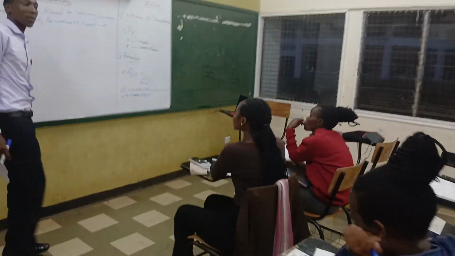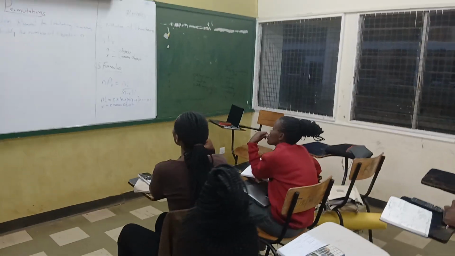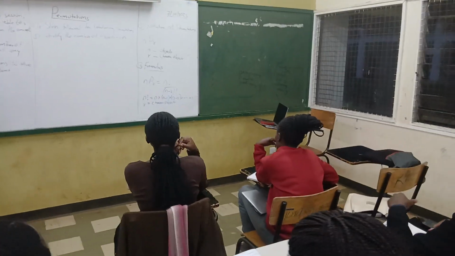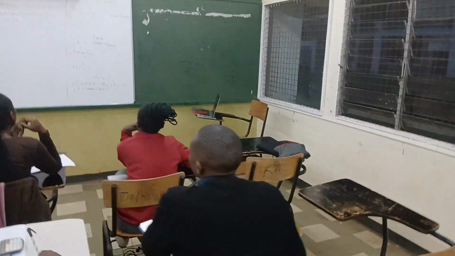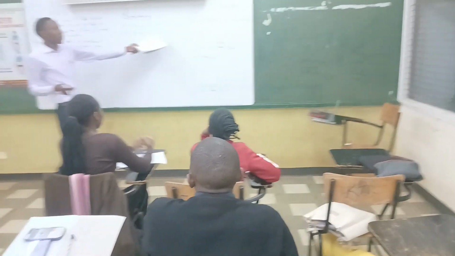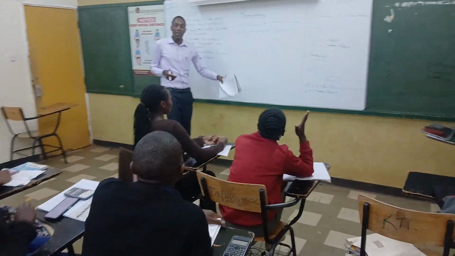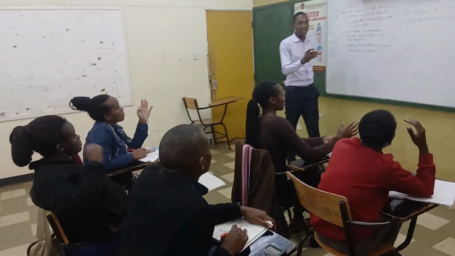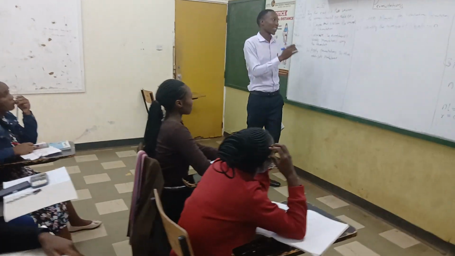The second step, who can try? Step number 2. After identifying the number of objects n, what are you supposed to identify again? Yes, r. Very good.